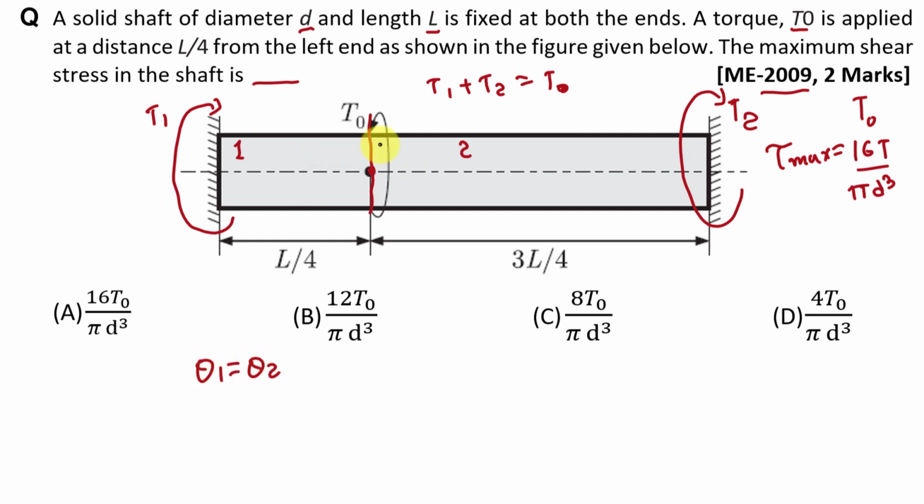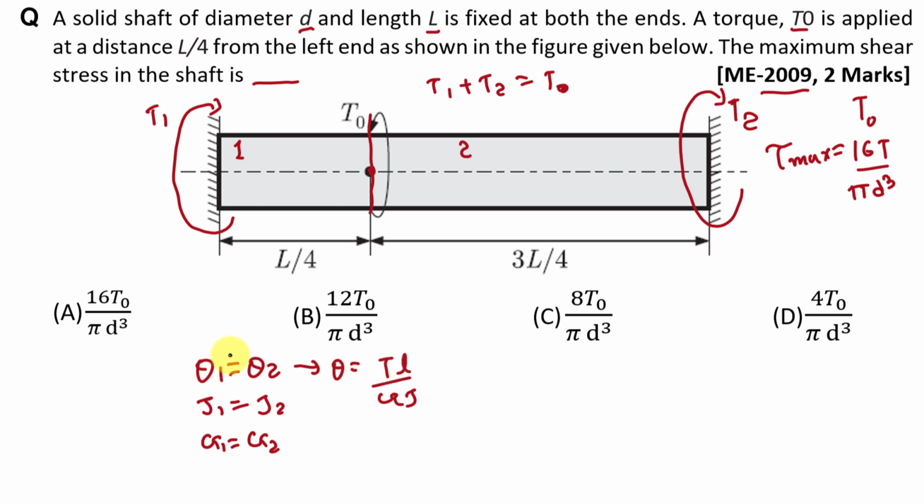Diameter of both the shaft is also same, so value of J is same for both these shaft, right? J is equal to the polar moment of inertia, that is pi by 32 d raised to 4, right? And in this case material is also same for both this shaft, so we can say that G1 is equal to G2. Now we know that theta is equal to TL by GJ, right? That is the equation to find out theta.